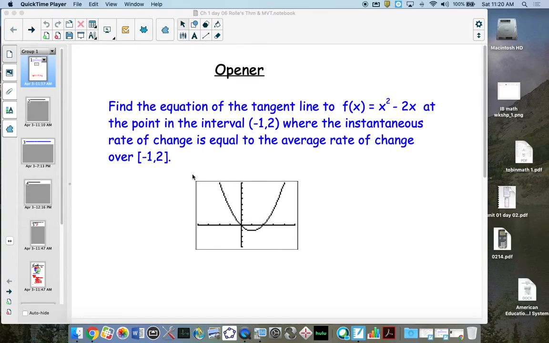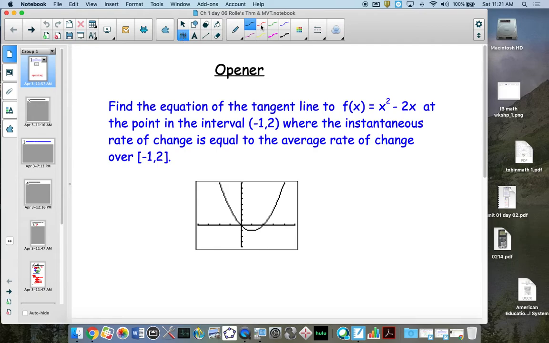Okay, find the equation of the tangent line to this quadratic function at the point in the interval -1 to 2, where the instantaneous rate of change is equal to the average rate of change over that closed interval from -1 to 2. Now, this is one that you probably want to read a couple times and think about what it's saying.